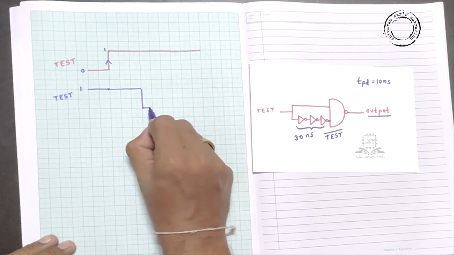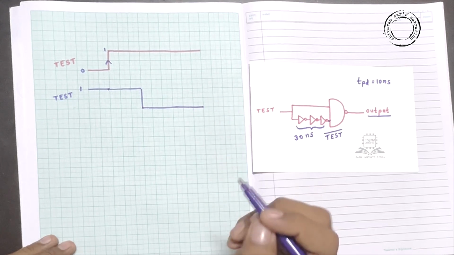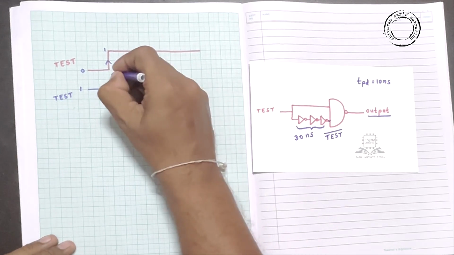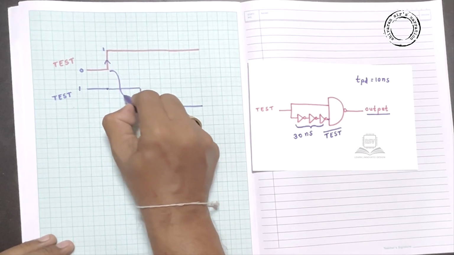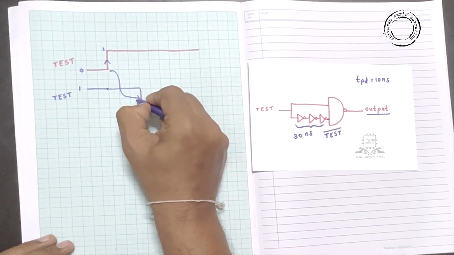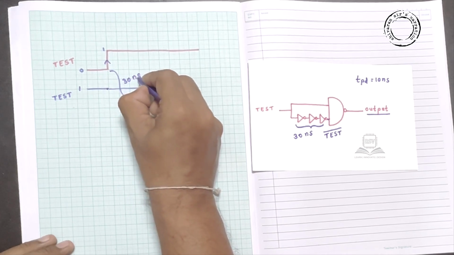Here we are assuming each box has 10 nanoseconds delay. Hence, whatever change occurred here appears at the output test bar after 30 nanoseconds.